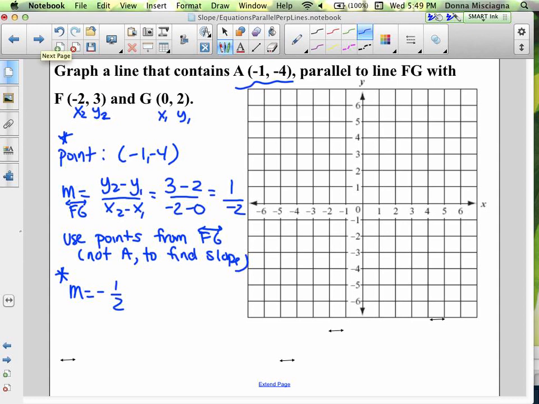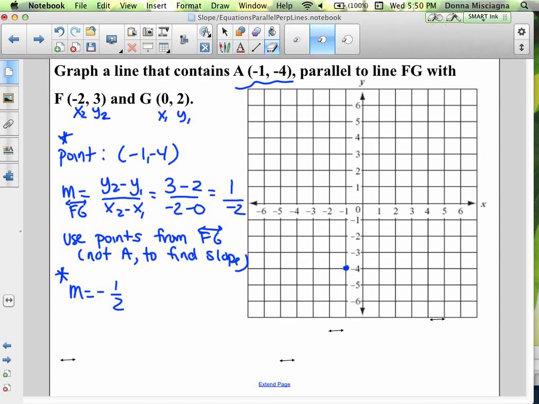And we have a point. If I'm not asked to write the equation of a line, then all I have to do is graph the point. -1, -4. I seem to start graphing, then look back at the point to realize what the coordinate is.